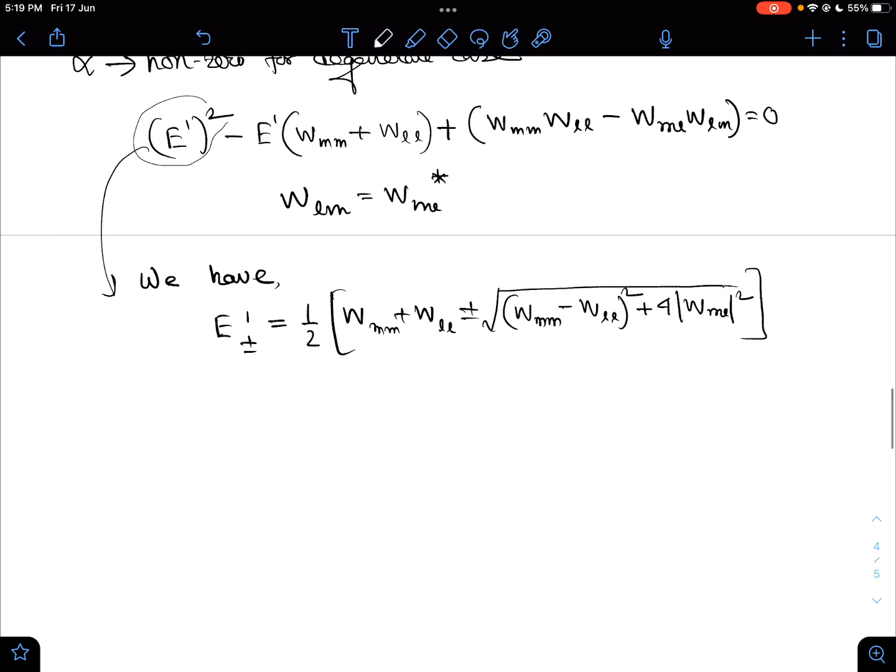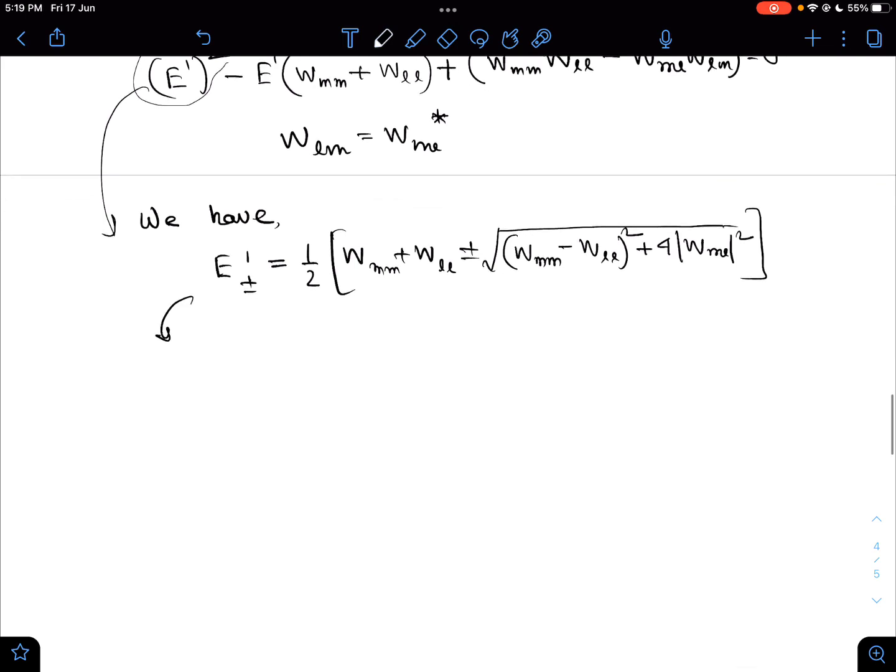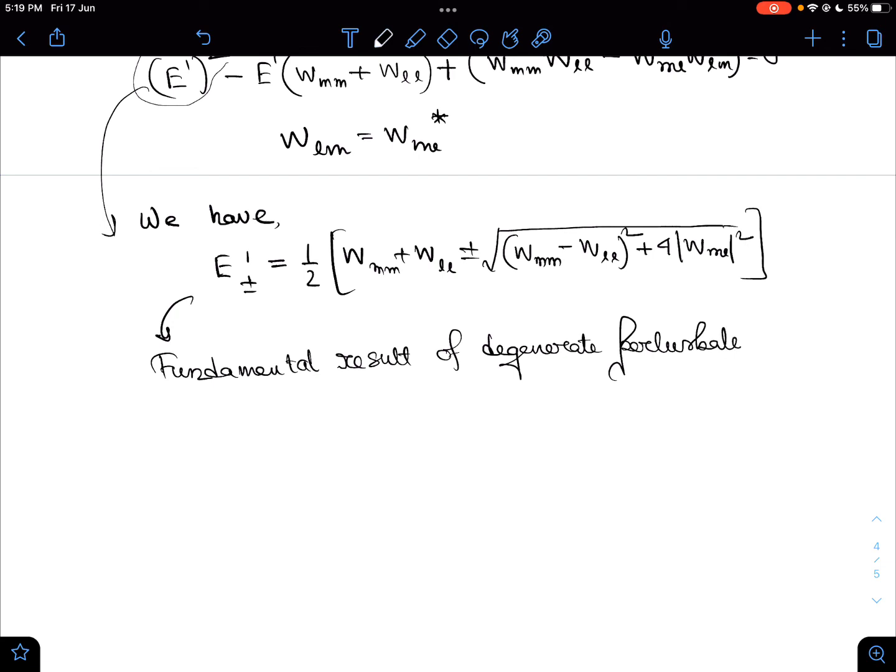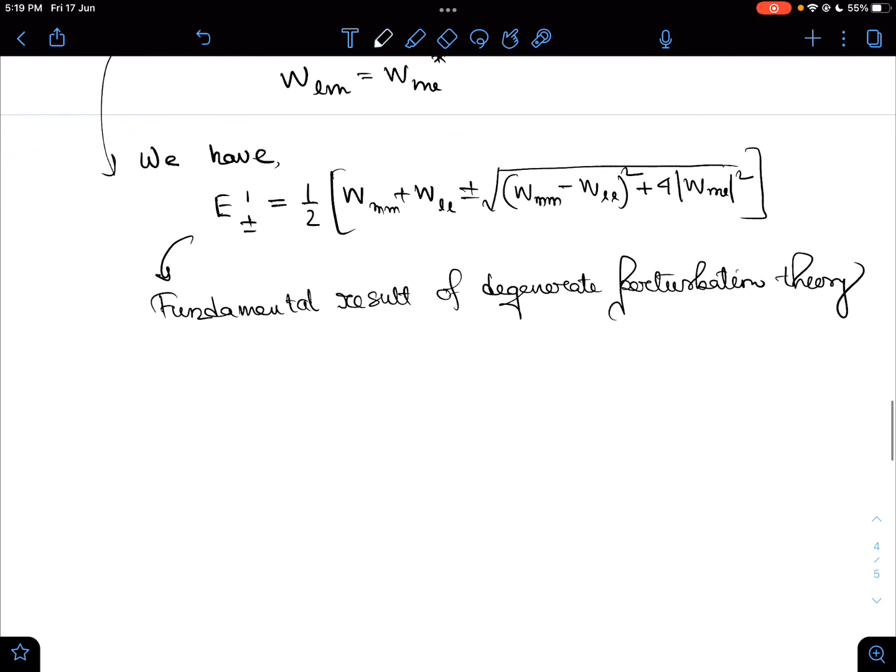So this is the fundamental result of our degenerate perturbation theory. These two roots correspond to the two perturbed energies.